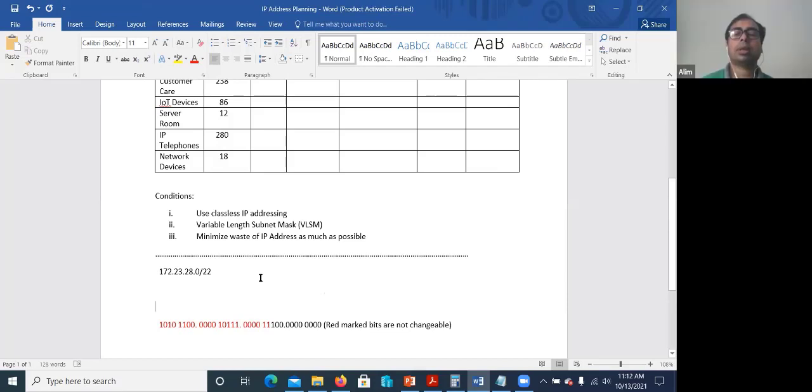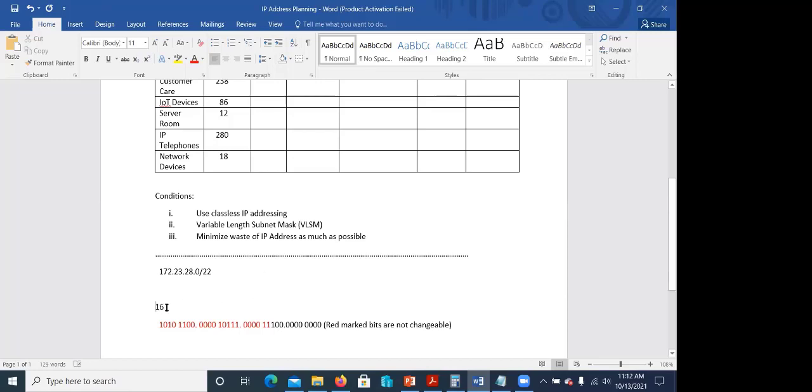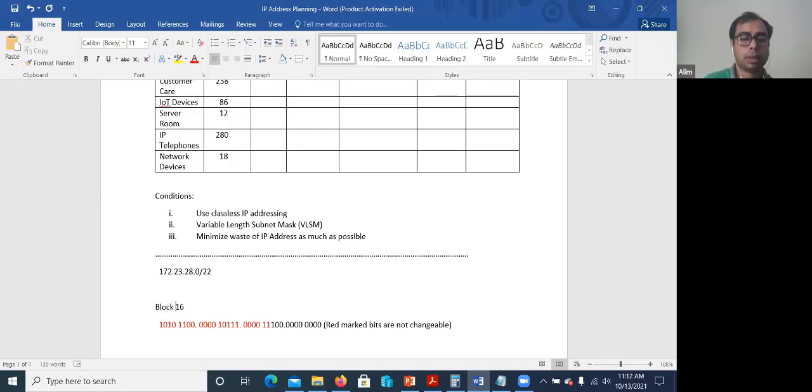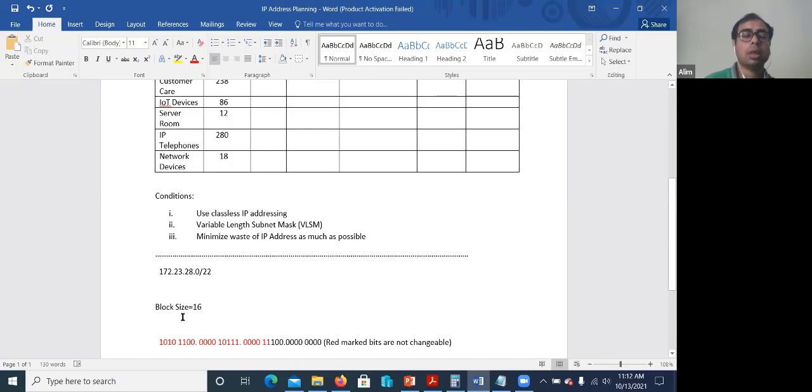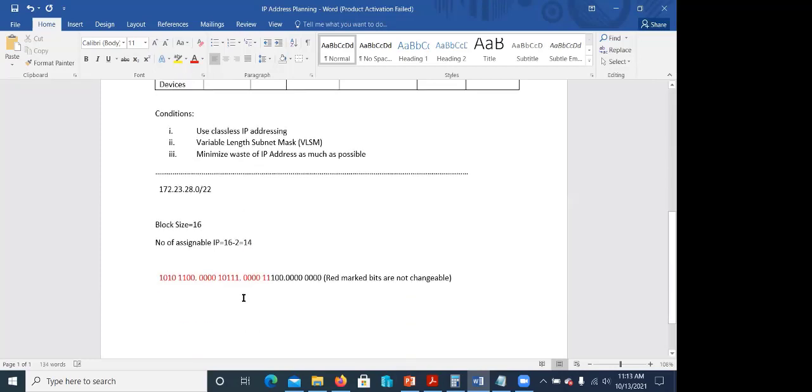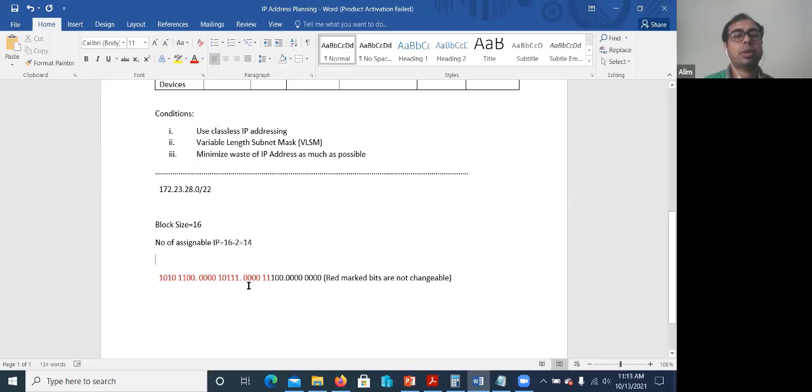Okay, I understand your question. Our block is 16, right? I'm writing block size equal to 16. Then the number of assignable IPs equals 16 minus 2, just 14.